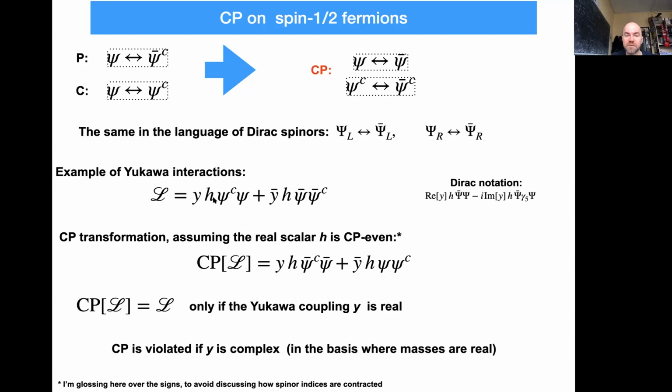If it's real, then the two things are the same. If it's complex, then it's different. The action of CP leads to something different. So this shows that the action of CP on a Lagrangian is somehow associated with the existence of complex coupling constants in the Lagrangian, at least in this simple case of Yukawa interaction.